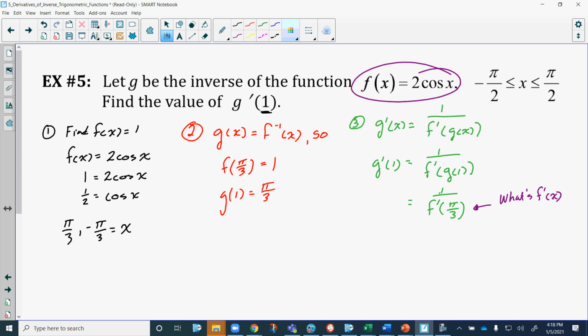So here, I'm going to look at this as f prime of pi over 3 being equal to, now the derivative of the cosine function in this case is going to be negative 2 sine of x.